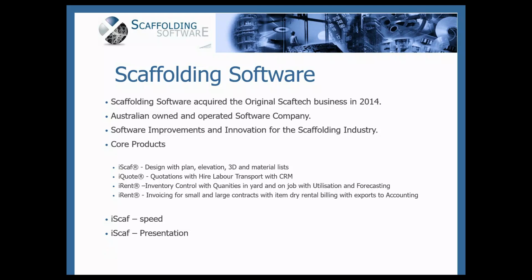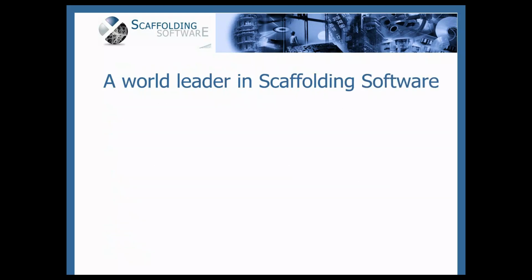Then we have our flagship product, which is the iScaf design and drawings. iScaf design can create 3D drawings, together with a plan, section elevations, along with a very accurate material list. So with iScaf, we believe we have a really good balance between speed and presentation.